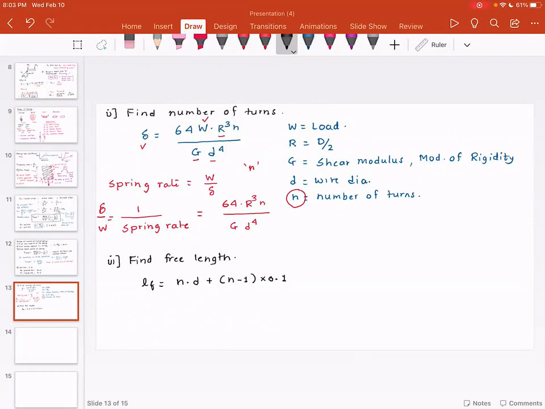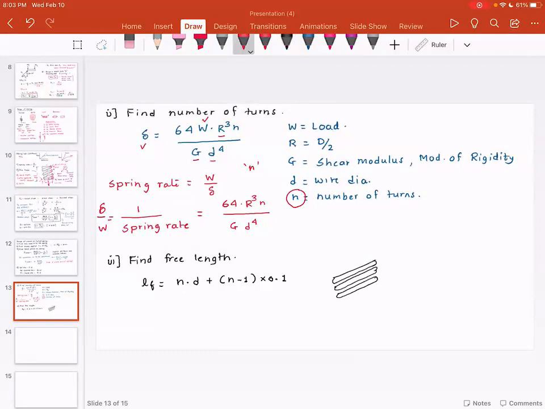And this equation actually comes from the way the spring is coiled. So what I want to show you is, imagine that the spring is coiled in a compact fashion.